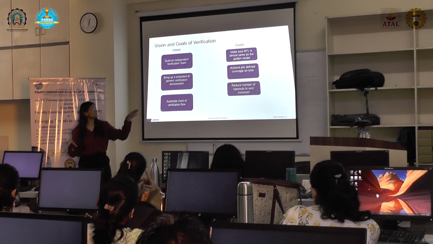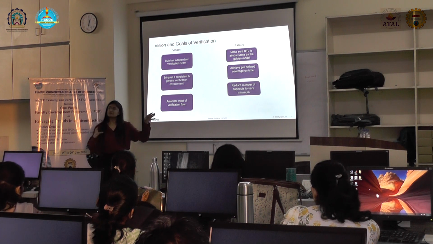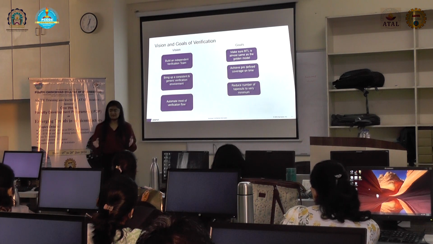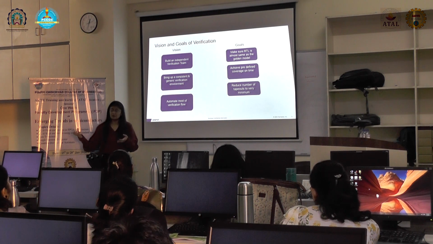According to that, we have to plan out our tapeouts, and to have that, we have to reduce our tapeout counts. Initially we can have multiple tapeouts, but the final tapeout should be as low as we could have.